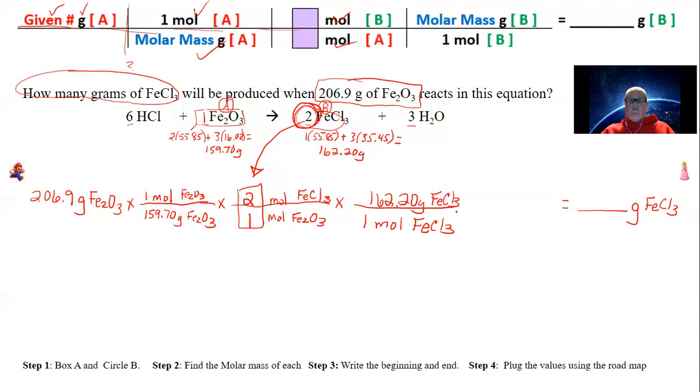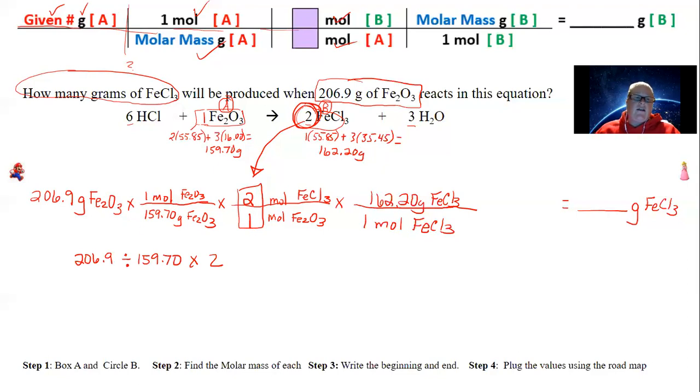equals. Now in the calculator, Mario, because he wants to get to Princess Beach, will take this pathway. So in the calculator, you will type in 206.9 divided by 159.70 times 2, and then this divided by 1.